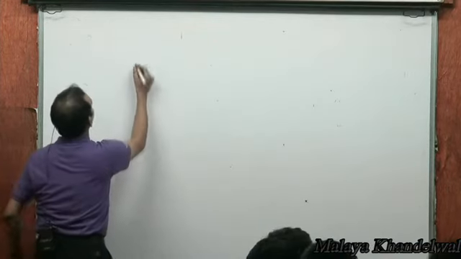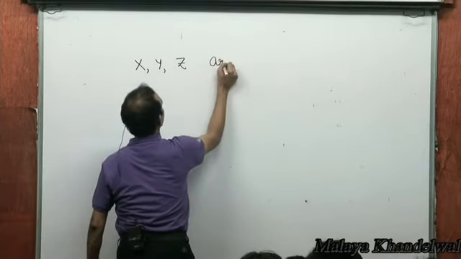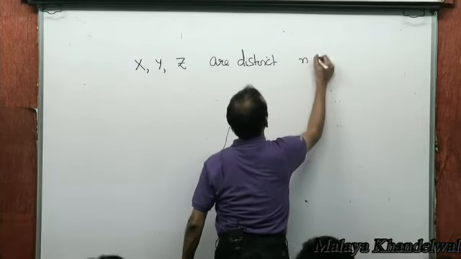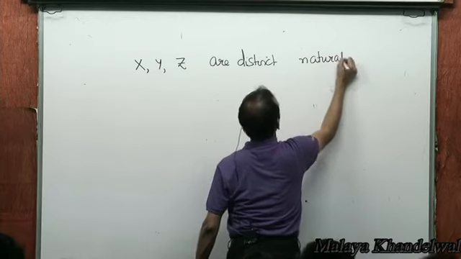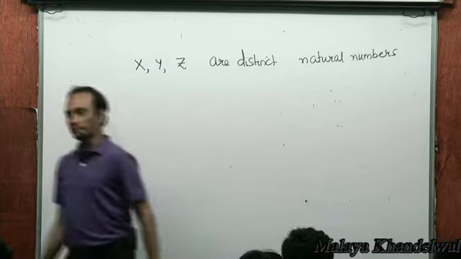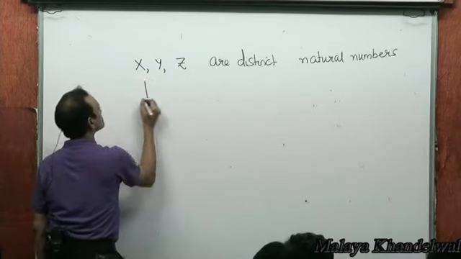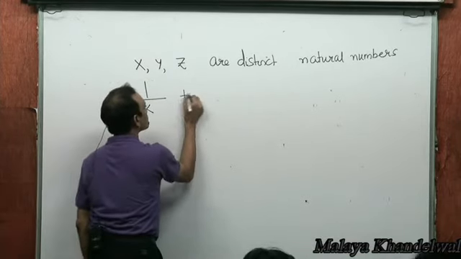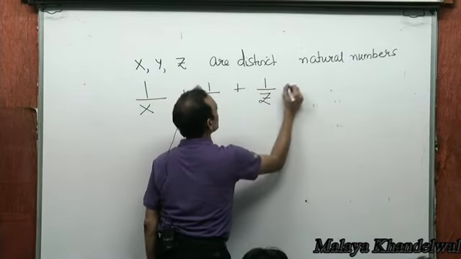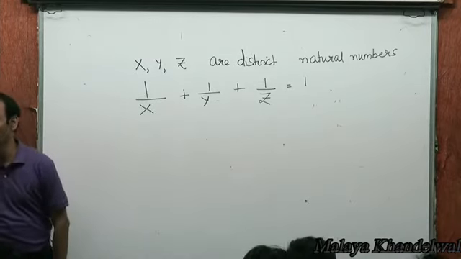X, Y, Z are distinct natural numbers. Okay? And 1 by X plus 1 by Y plus 1 by Z is 1.